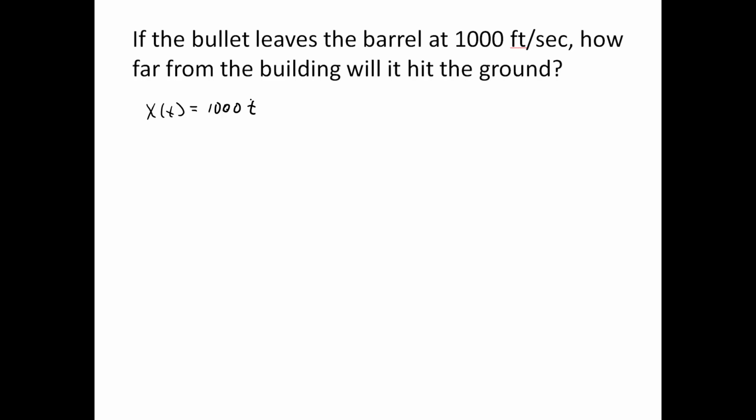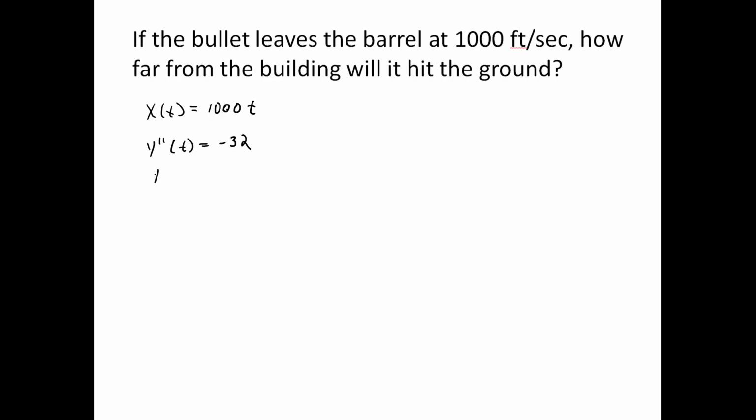Now, to find y of t, we can start with y double prime of t, because that's the acceleration due to gravity. The acceleration due to gravity is negative 32 feet per second squared.